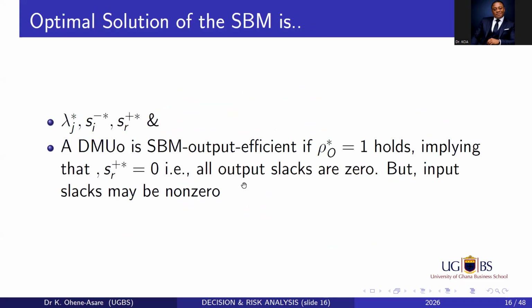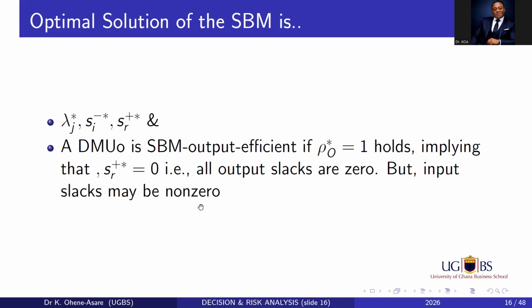But, as usual, if the rho is equal to 1, it means that the firm is efficient together with the fact that the slacks are 0. All the output slacks have to be 0. Now, input slacks may be non-zero in an output orientation. So take note. But for you to be efficient, the output slacks will have to be 0 in an output orientation.